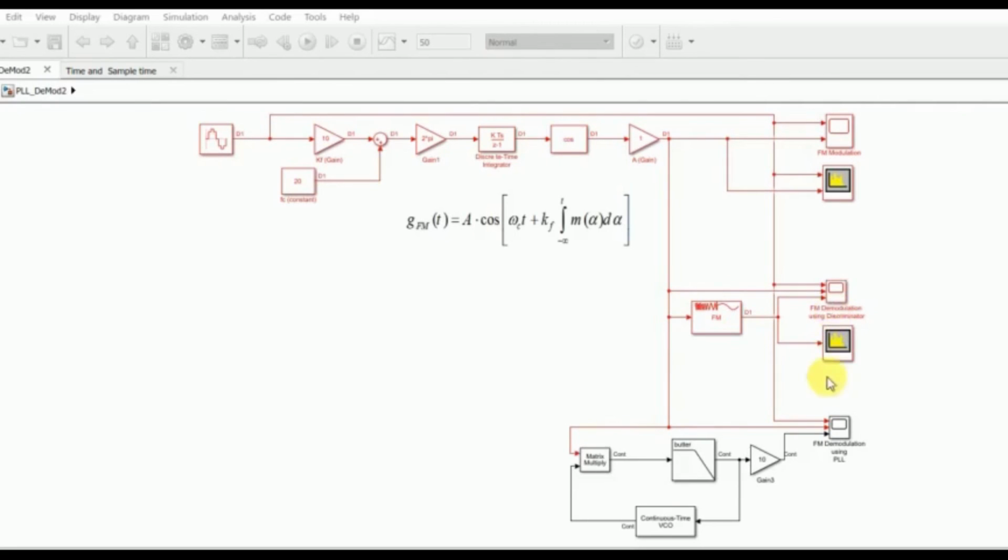Right now we are interested in the phase lock loop, and the set of elements that we would need are represented over here.